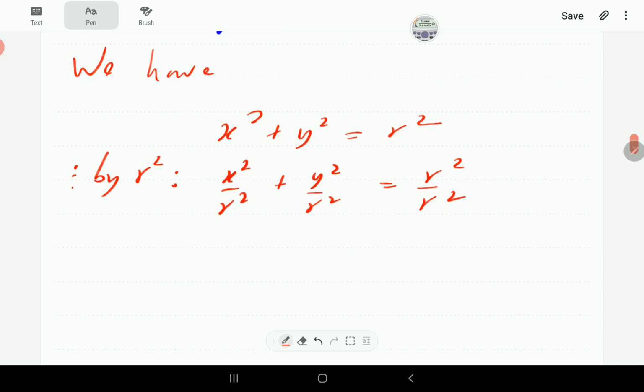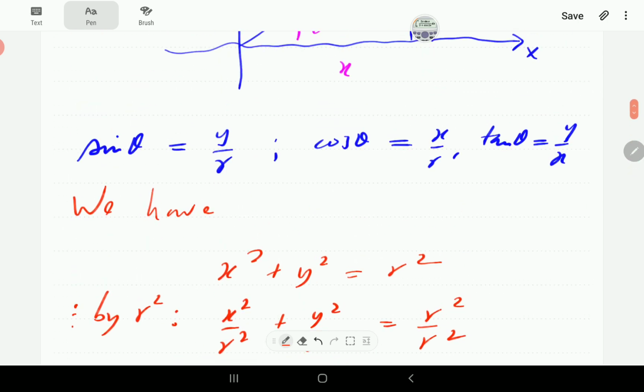Then the right hand side here is just 1. This first term you can write as x over r all squared. Second term you can write as y over r all squared.